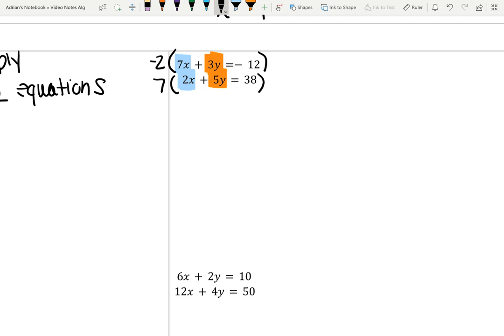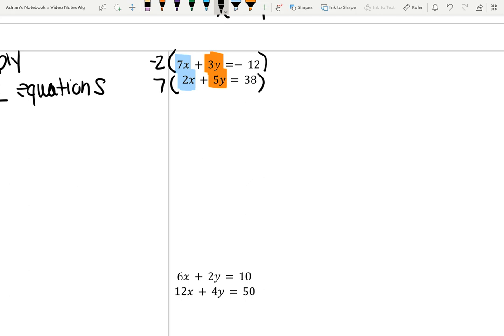If that confuses you, I would just use the numbers they give you. So if you see here, I have 7x at the top. Well, I'm just going to multiply my bottom one by 7. And then I have 2x down here, so I'm just going to multiply my top one by 2. And then I know that they're going to multiply to be the same thing. Just make sure, though, that one of them is positive and one of them is negative if it's not already that way.